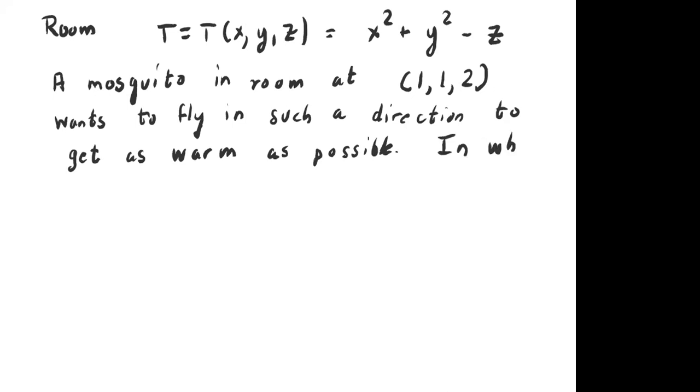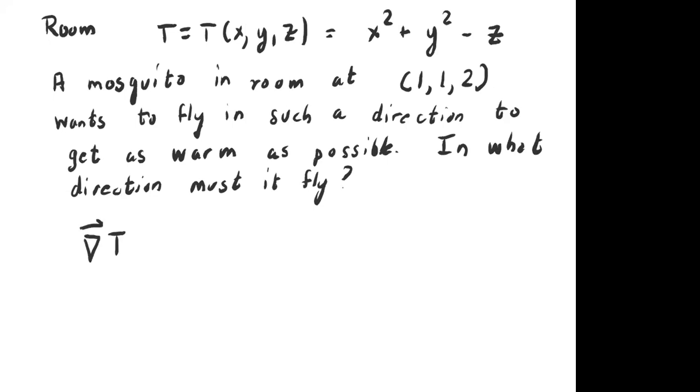So in what direction must it fly? Well, it's a very simple answer. The gradient of T, which is something we calculated, is a vector that points in the direction where the temperature increases the most.